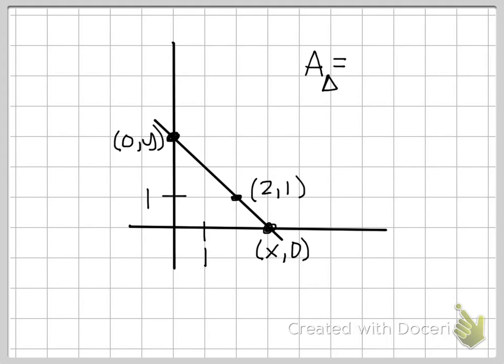Now, of course, the area of a triangle is 1/2 base times height. And since we're using the x and y axes, we have a right angle here. So let's say that our base is going to be on the x-axis, and our height is going to be on the y-axis.